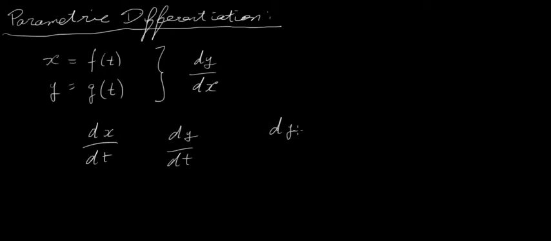So if we want dy dx, we want dy on the top, we want to multiply that by dx on the bottom, and our third variable here will be t, so we want dt down here and dt here. So this is dy dx really.